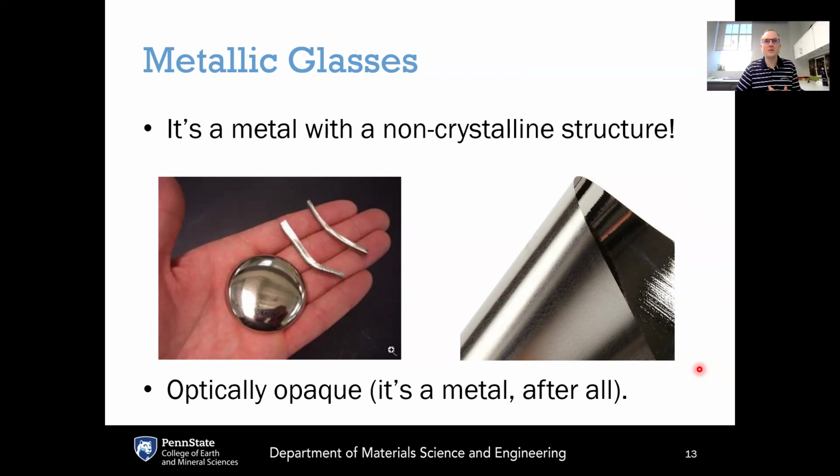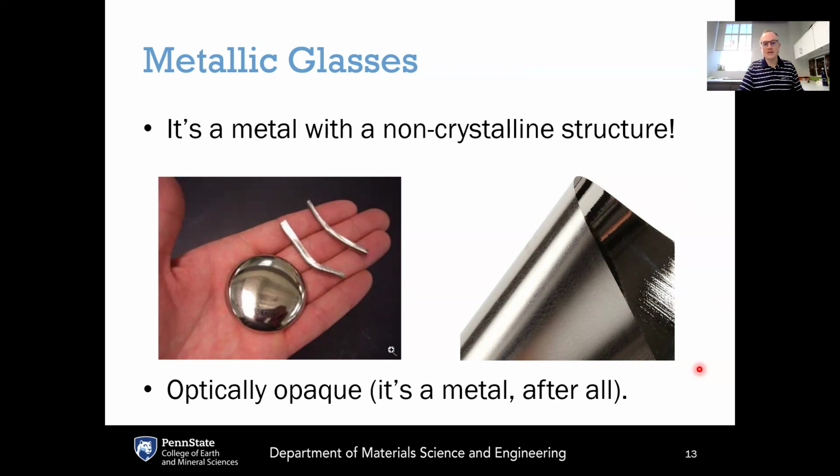So in other words, if you're able to have a liquid alloy of many different metals and then cool that liquid alloy fast enough to avoid crystallization, you can actually freeze in a non-crystalline structure of the metallic alloy. And this is what's known as a metallic glass.